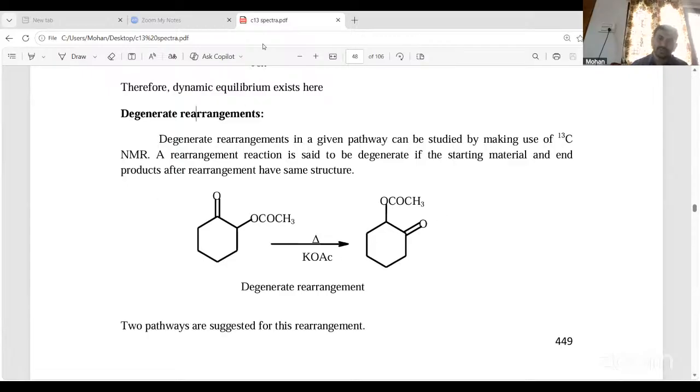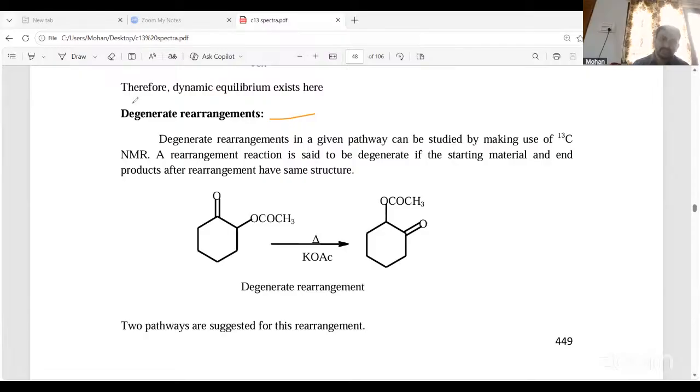So here the reaction takes place, but after the reaction, the obtained product also has the same structure here. That is called a degenerate rearrangement reaction, where the structure of the reactant is the same as the structure of the product, or the structure of the product is the same as the structure of the reactant. That is a degenerate reaction.